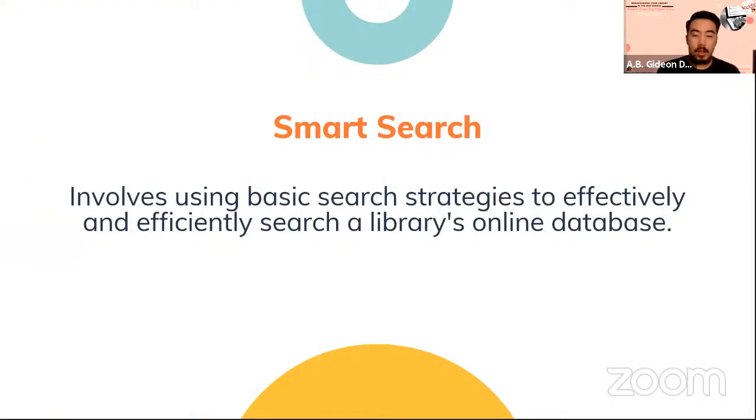Okay, so this one is a basic definition of smart search. So basically, it only involves using the search strategies in order to efficiently locate the materials that we're going to need or that would fit our research question. All right.